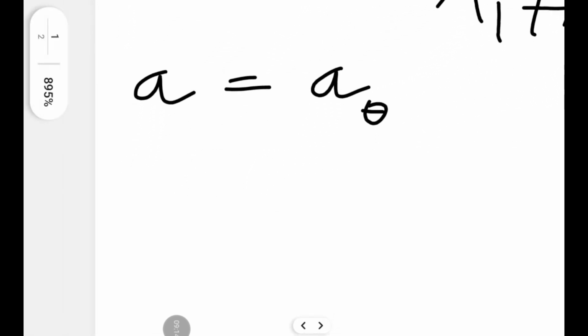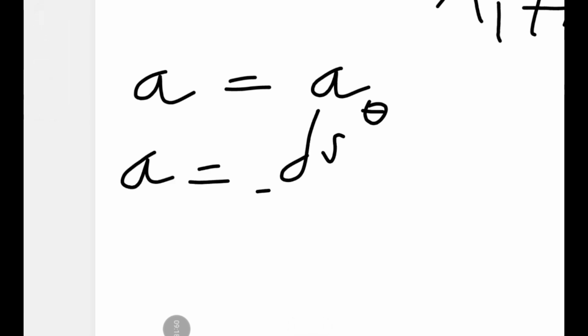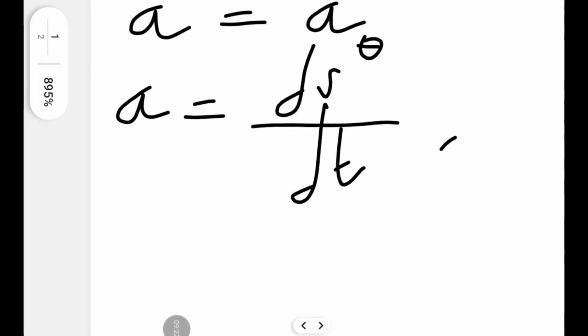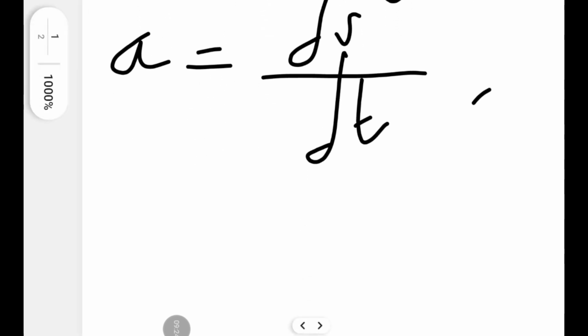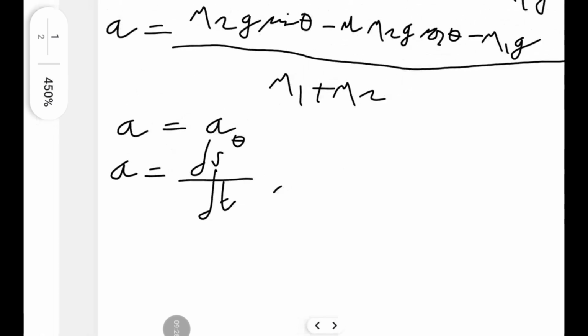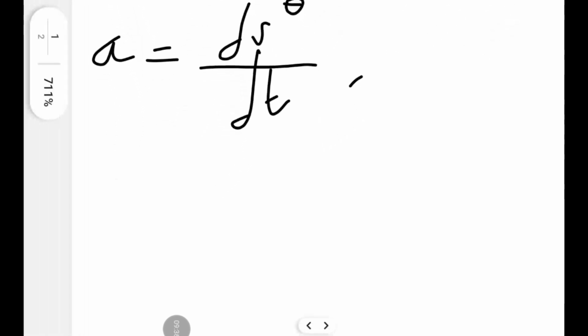Now we know acceleration is equal to dv by dt. That's the acceleration value. And remember, a of theta is equal to this value here, m2g sine theta minus etc. It's just a way to make it clearer, so we can work with it. Otherwise, we're going to be working with a lot of algebra the entire time.